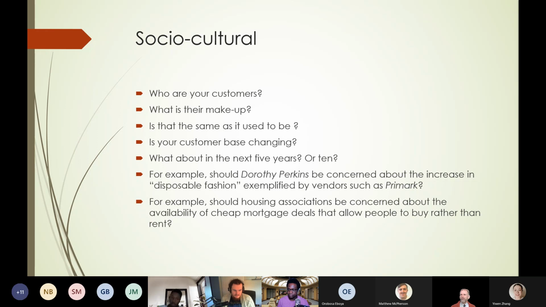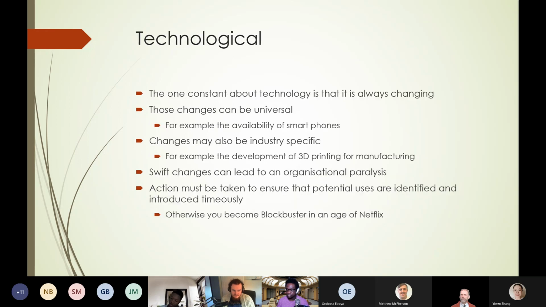Okay, so social cultural can be an issue for a business, as can technological. And this is the very class that we're talking about, technological. A computer in the 1930s, because computer is not a new term, was somebody sitting at a desk with paper, pencil, and if they were very lucky, a mechanical calculator.